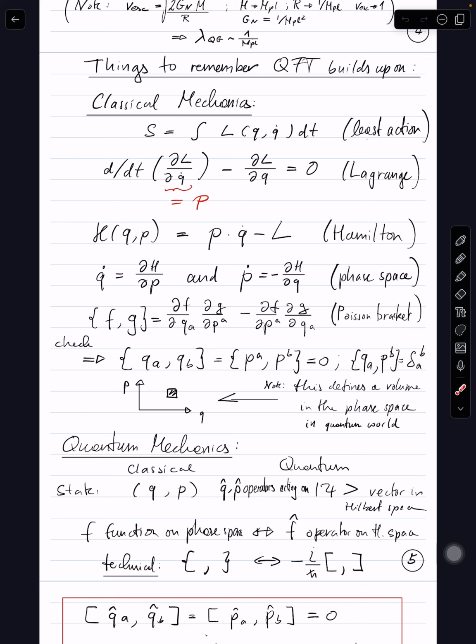Systems tend to minimize the action, and when you minimize the action, you find that this gives us a particular equation of motion for the system that can be derived from the argument of this integral here.